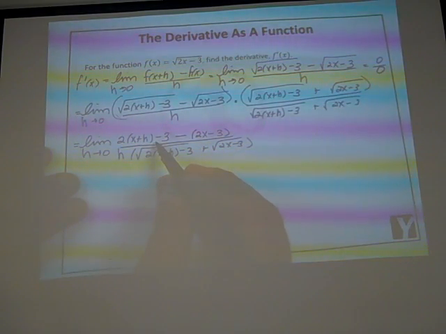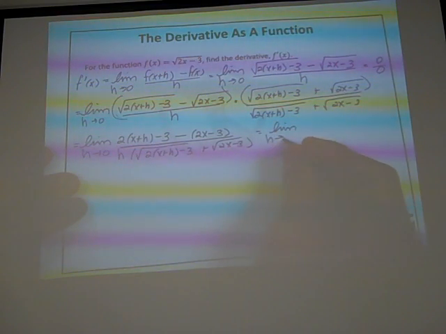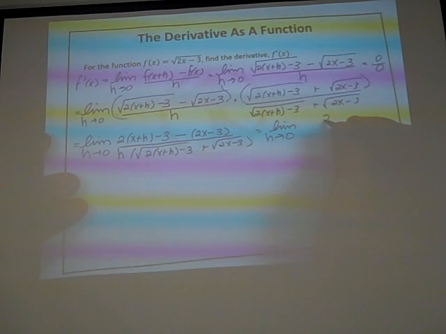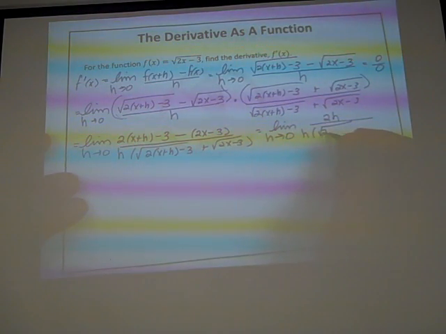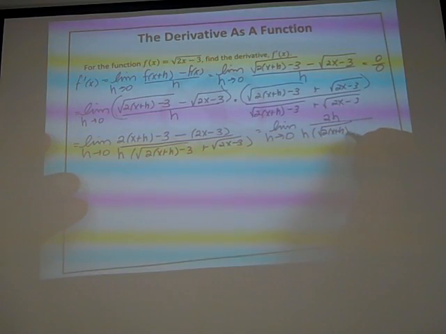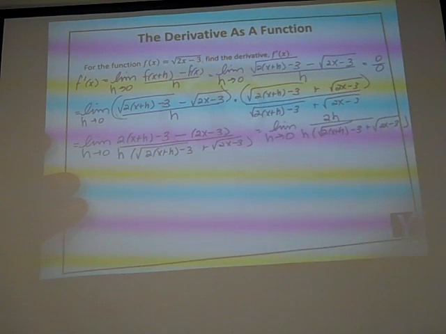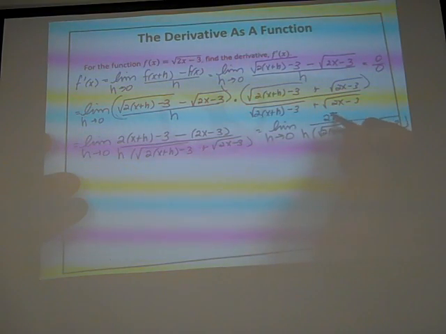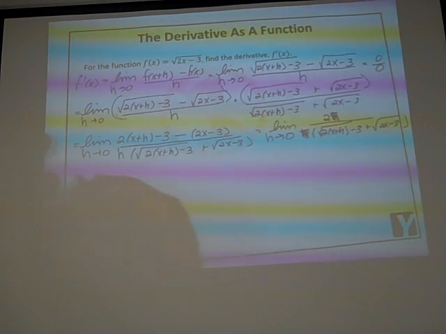We have a negative 3 minus a negative 3, which is going to get us to the limit as h approaches 0, 2h over h times the square root 2 parentheses x plus h minus 3 plus the square root of 2x minus 3. The h in the numerator and the h in the denominator are free to cancel each other out.